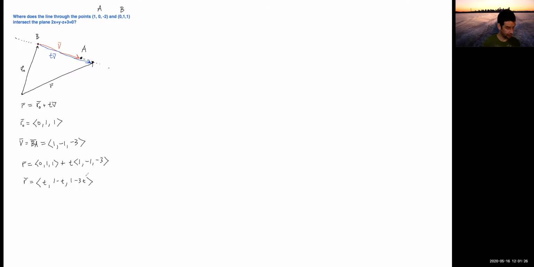I'm just using the definitions of vector addition and scalar multiplication to come up with this, okay? So we've still got a lot of work to do, but we now at least have an equation, a function that represents the line that we're actually interested in. So that seems like a very obvious first step. If you're asking a question about some line, we should have an equation or a function for that line. Okay, so what next?